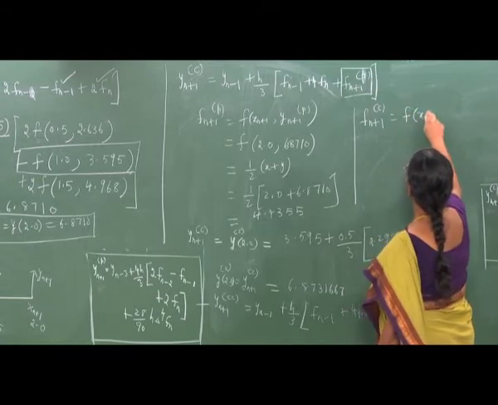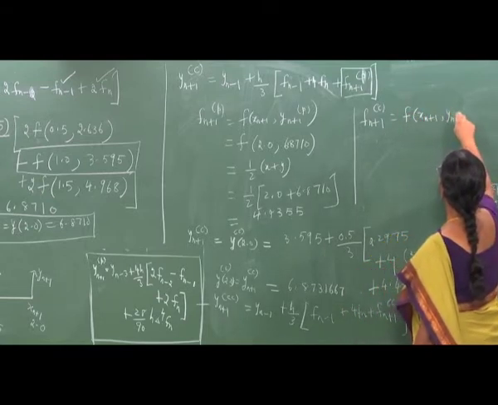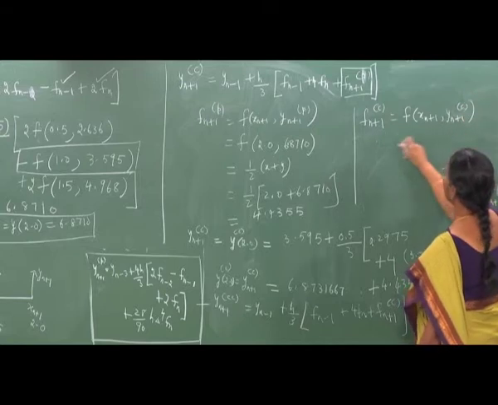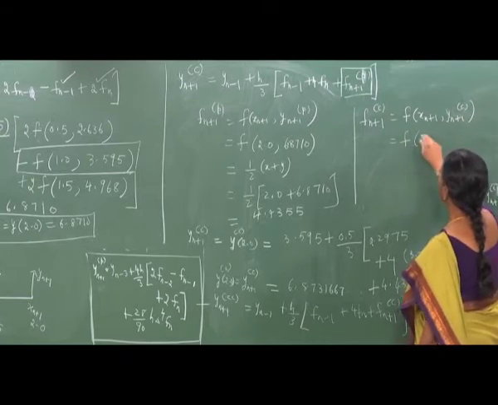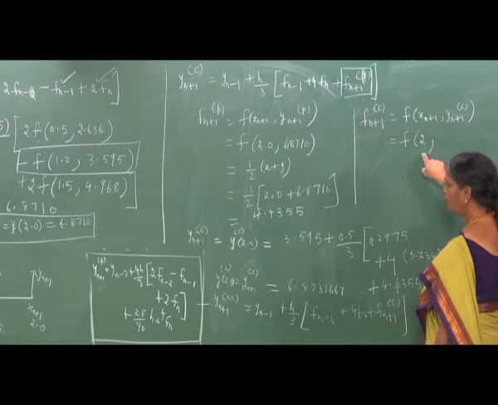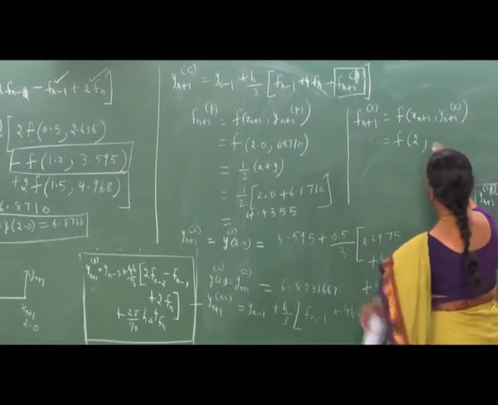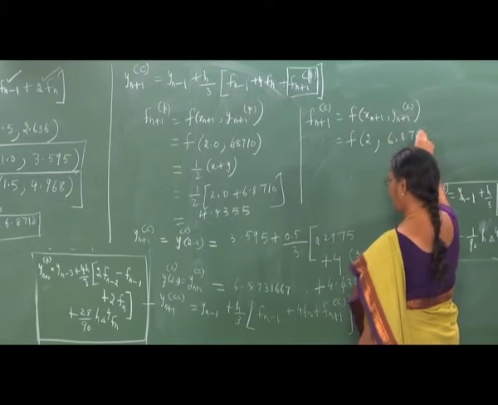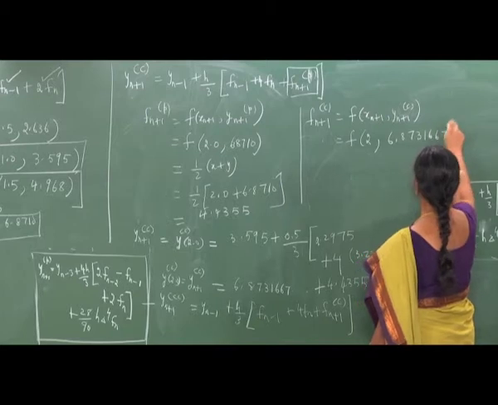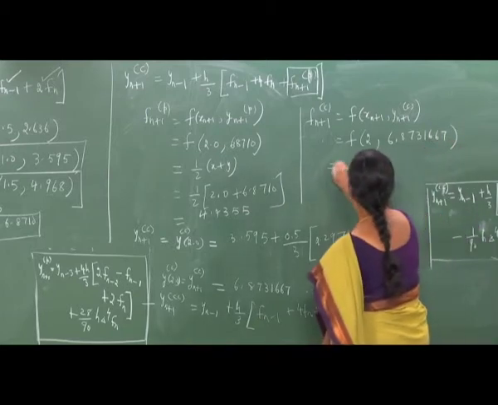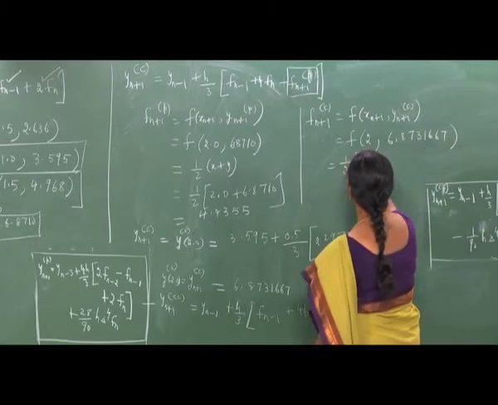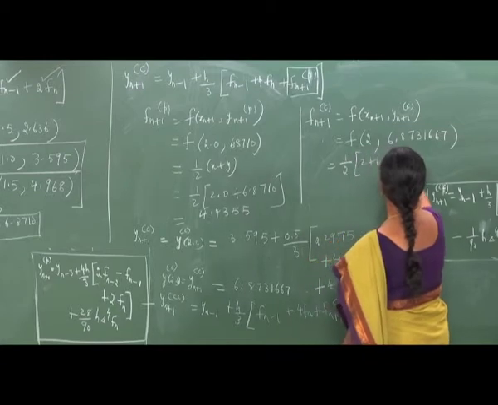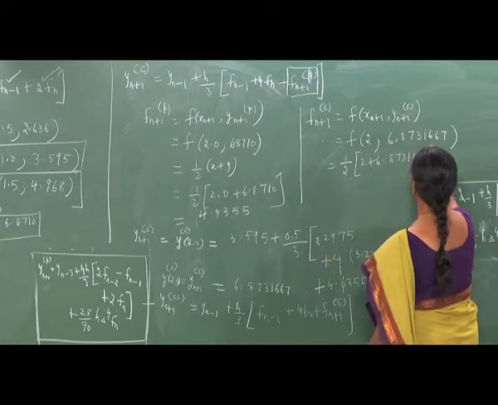So, we can now compute what is fn plus 1 corrected value. So, it is f of xn plus 1, yn plus 1 first corrected value, namely it is f of 2 and the first corrected value is 6.8731667 and that is half of 2 plus 6.8731667.